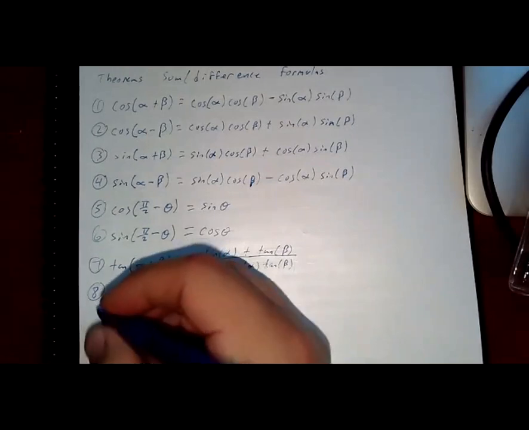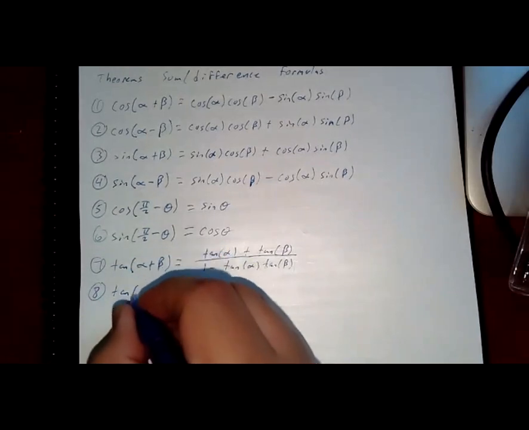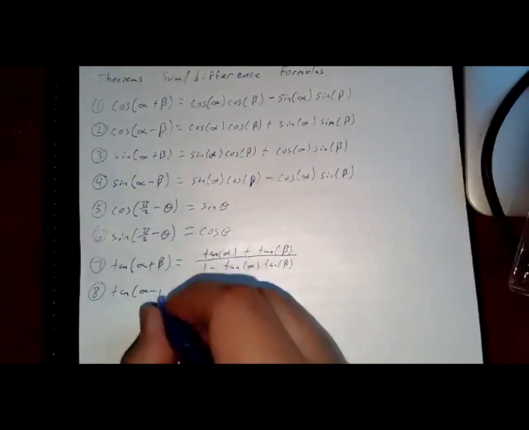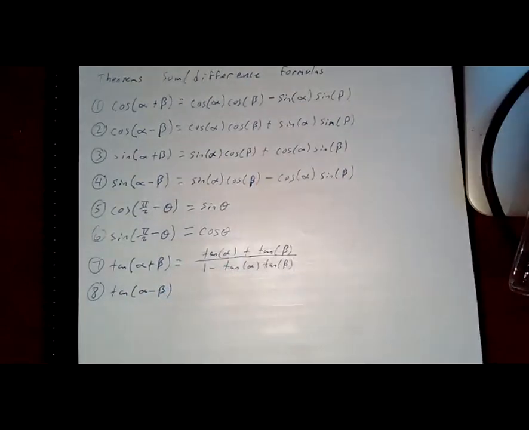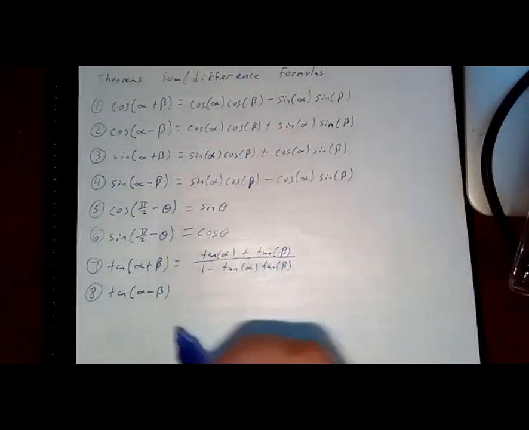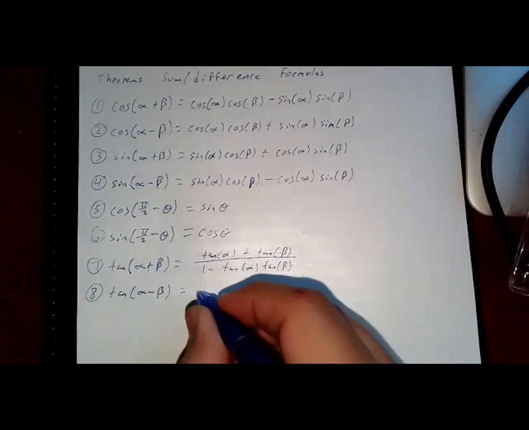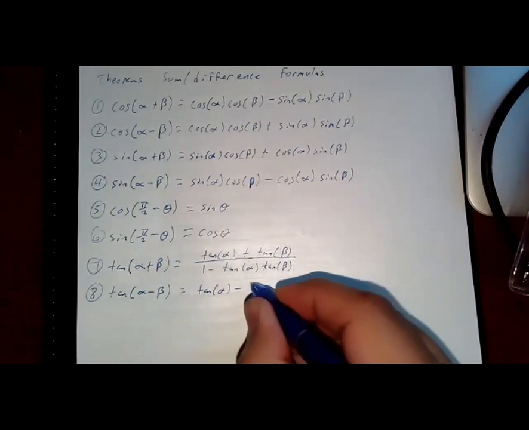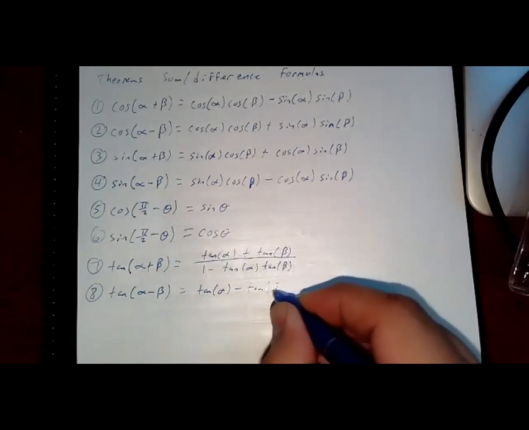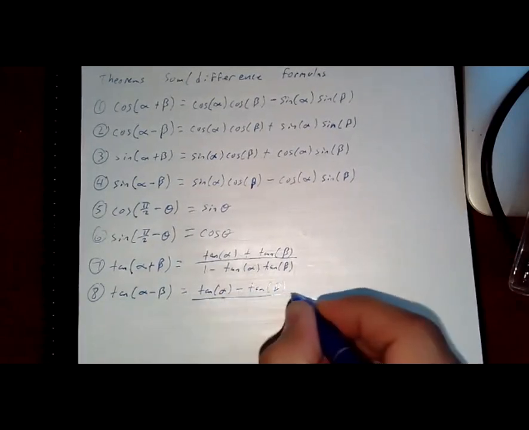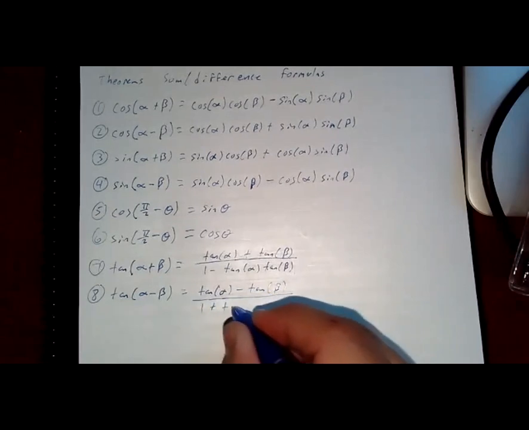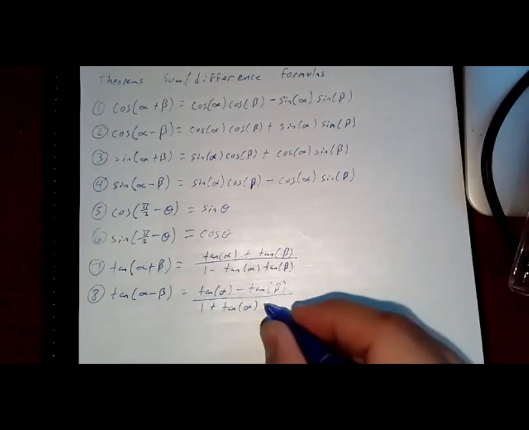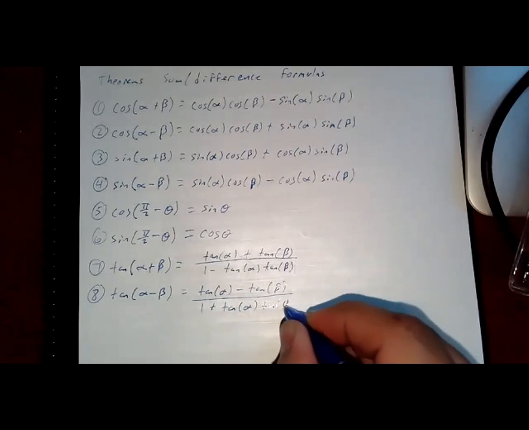Number 8, tangent alpha minus beta will be the same deal, just swap the signs. So tangent alpha minus tangent beta over 1 plus tangent alpha tangent beta.